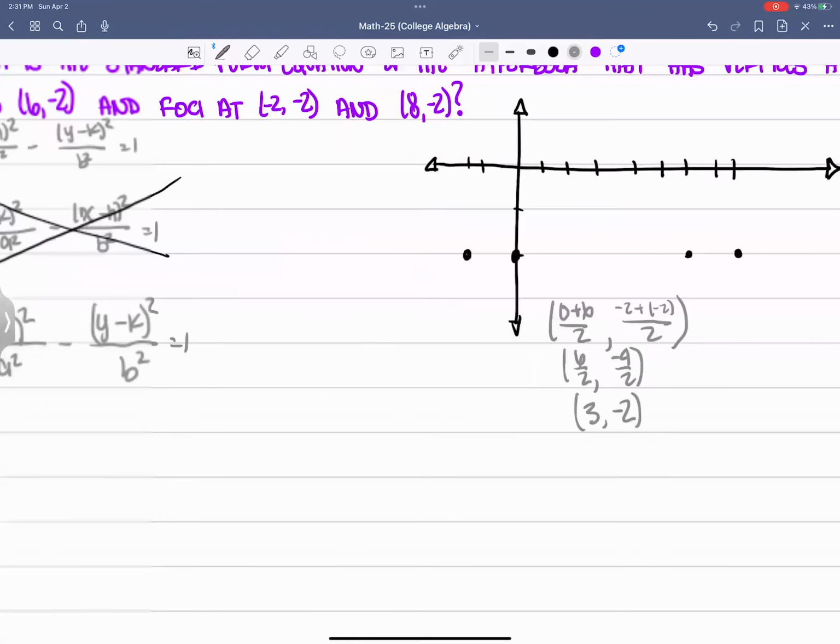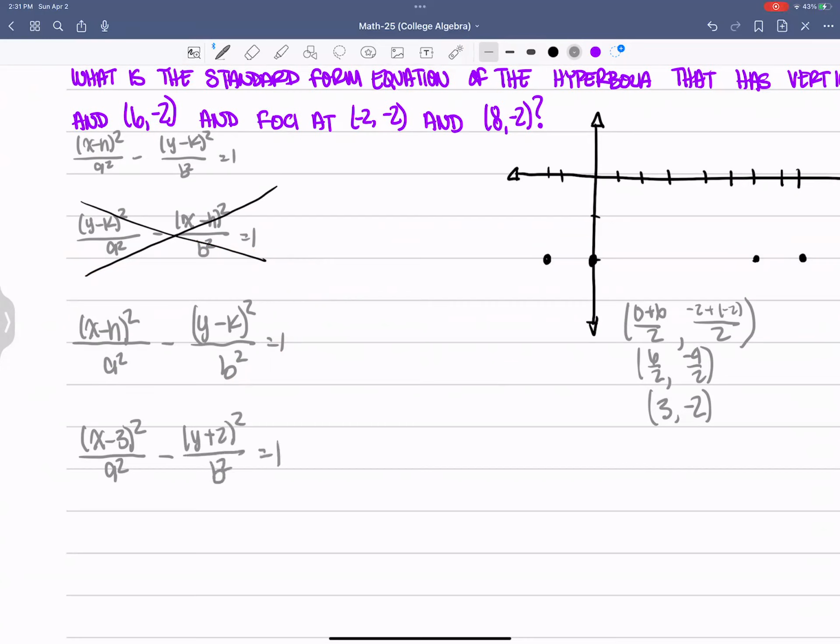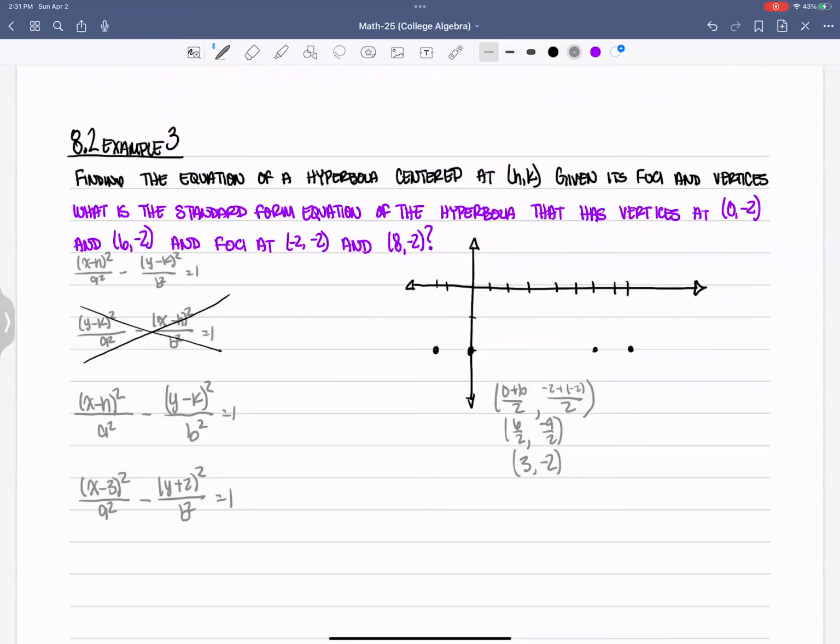So we plug that into our equation here, and let's see what we get. (x minus 3) squared over a squared minus (y plus 2) squared over b squared equals 1. All right, we have that. We also have the distance from the center to our vertices now.